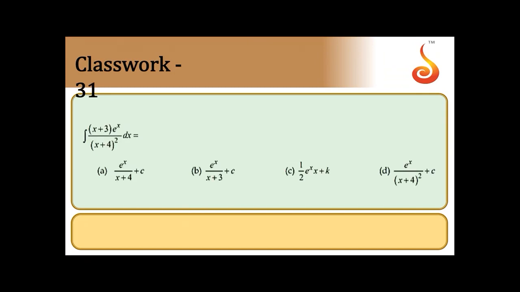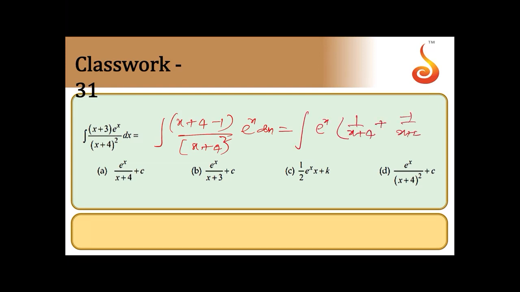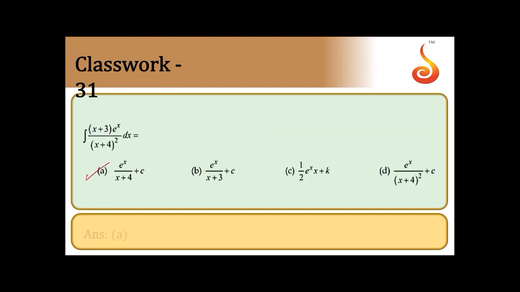This on simplification can be written as integral of (x plus 4 minus 1) by (x plus 4) taken whole square, into e power x dx. Same formula as the previous one: e power x multiplied by 1 by x plus 4 plus minus 1 by (x plus 4) whole square. This is f of x, this is f dash x. So e power x into f of x, so e power x by x plus 4 plus constant. The answer is option A.